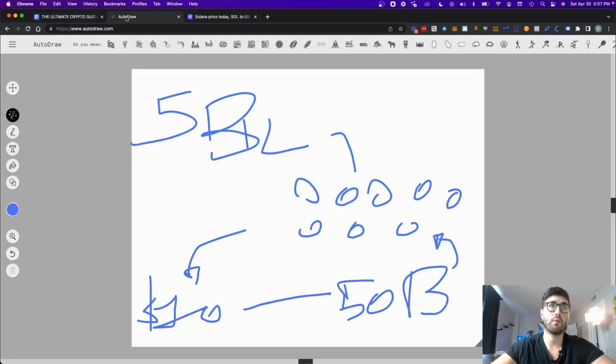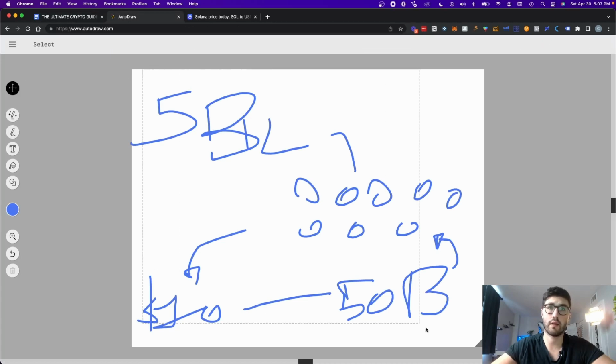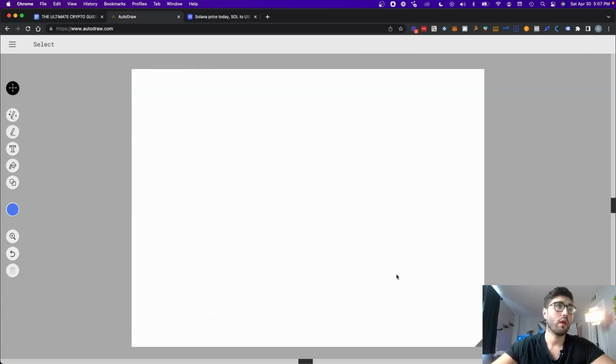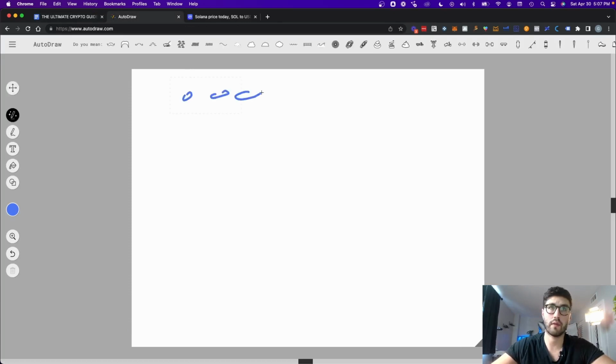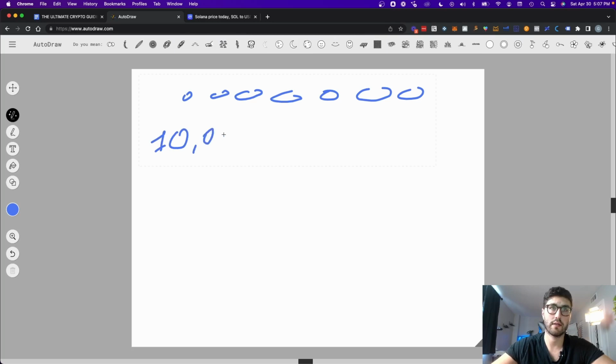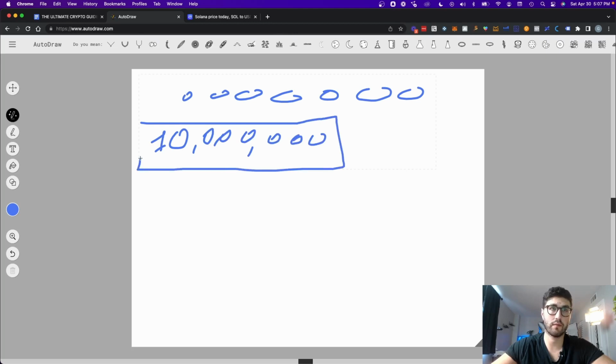Let me give you an example so you can easily understand what I mean. Let's say there's a token that launches, and the total supply is, let's say, 10 million tokens.